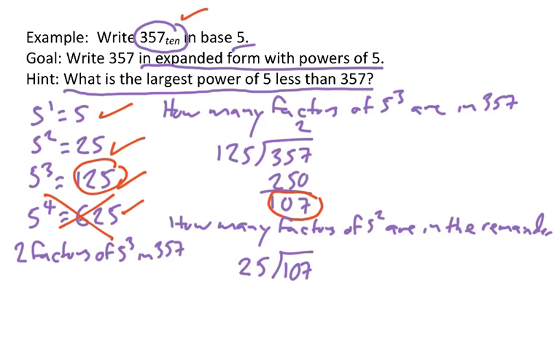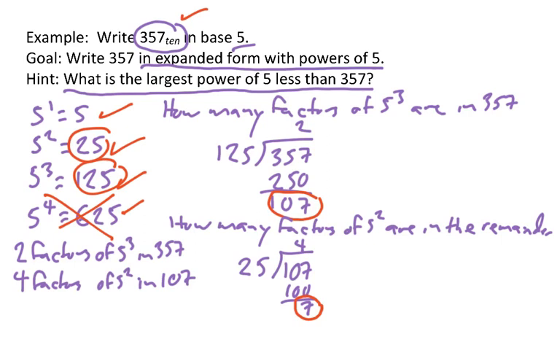It goes 4 times. 4 times 25 is 100, with 7 left over. So there are 4 factors of 5 squared in that remainder of 107. And we basically work our way down. We figured out how many powers of 5 cubed go into the original number, and how many powers of 5 squared go into the remainder. Now we look at the remainder of this division and ask how many of the next lowest power of 5 will divide into that.